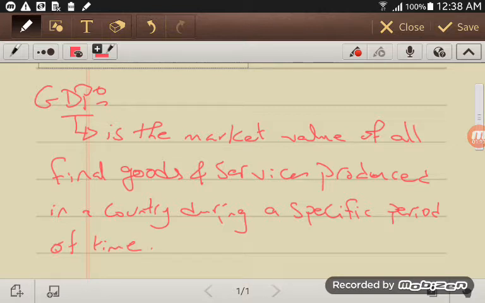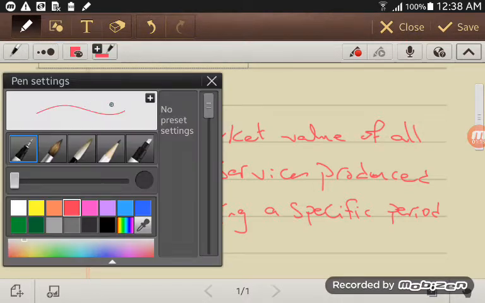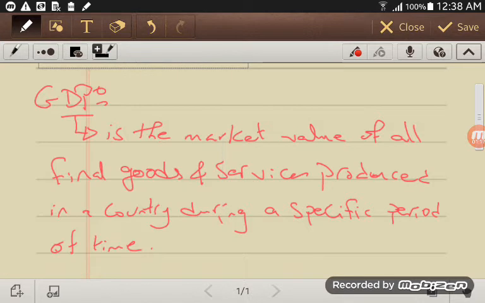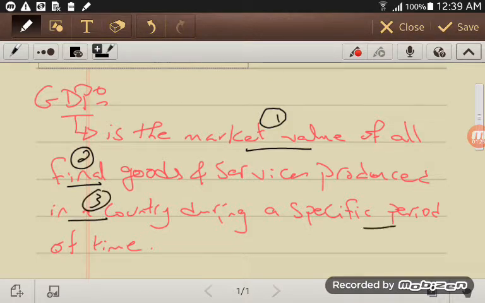As we said, this definition has four keywords. They are market value, final, in a country, and specific period.